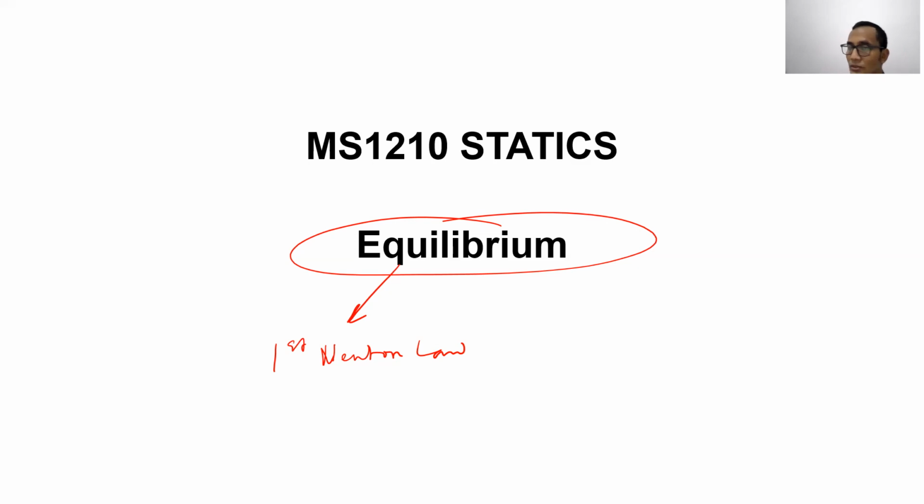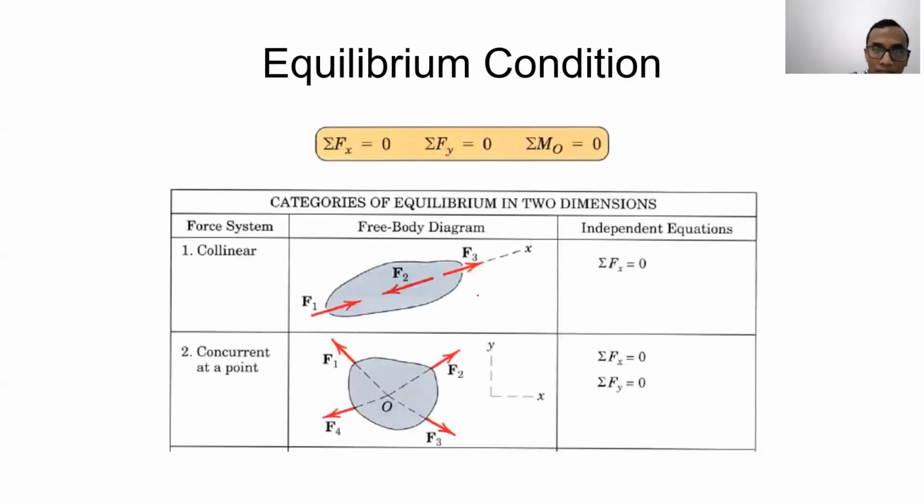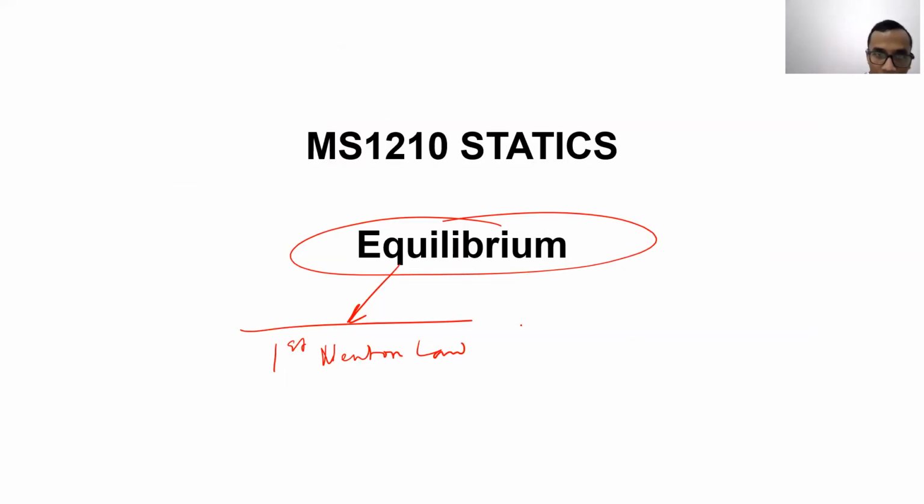Okay, so that's the first thing, and that's the thing that we will talk about all the time from the beginning until the end of statics. We will talk a lot about the first Newton law as well as the third Newton law.